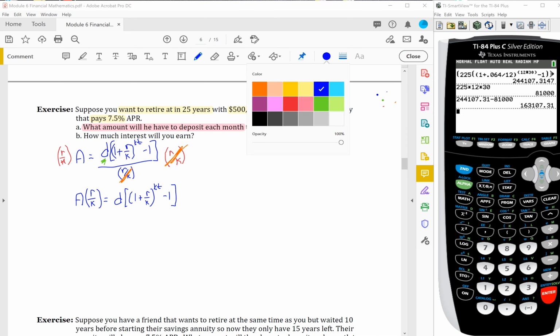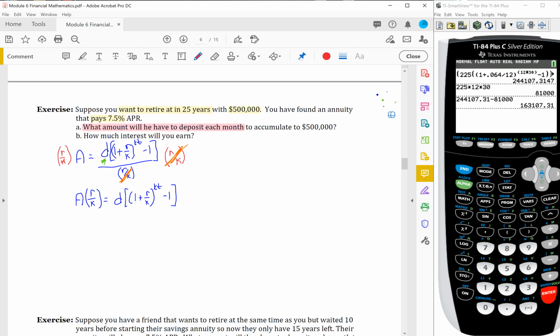Now, I'd like to get D by itself. So to get D by itself, let's divide both sides by this bracketed expression. So we'll divide both sides by 1 plus R over K raised to the KT minus 1. And also divide the left-hand side.